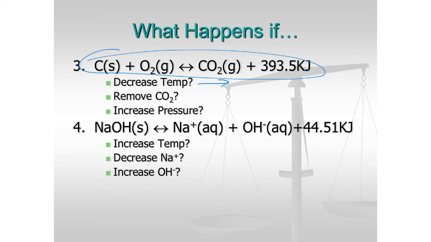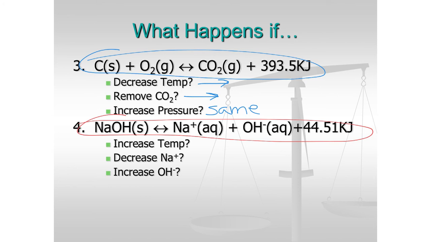Now our problem is I don't have enough CO2, so that would also cause the forward reaction to occur, because that would produce more CO2. All right, increased pressure. This would remain the same because I only have 1 mole of gas on each side. You only count moles of gas, so if it's 1 and 1, it's not going to do anything to the equilibrium.